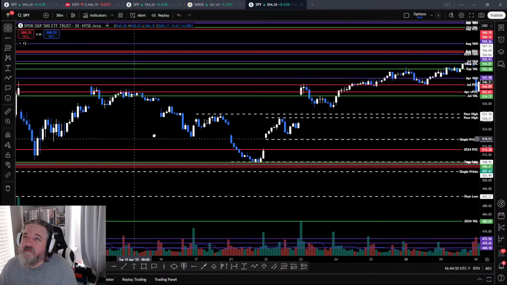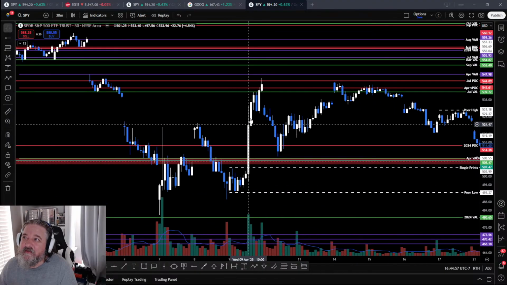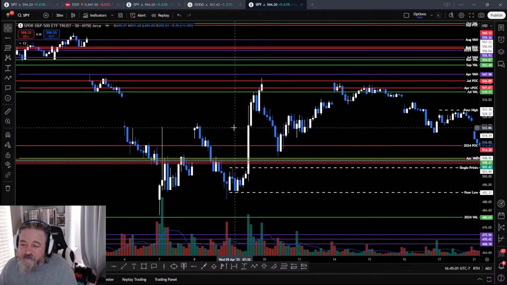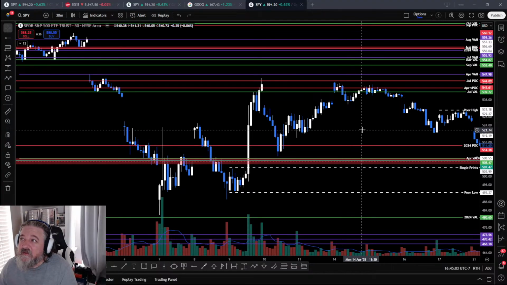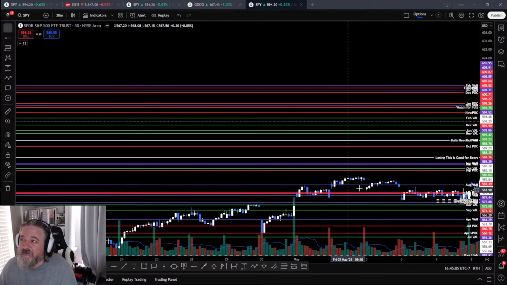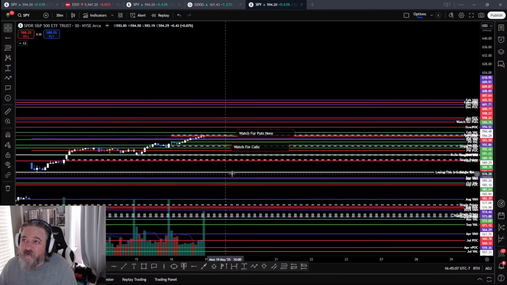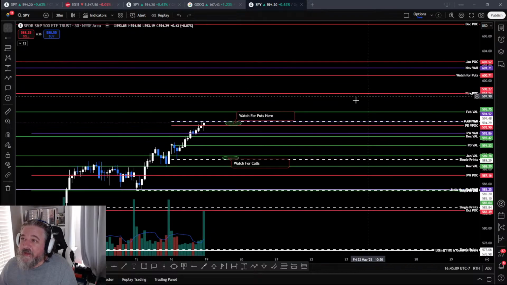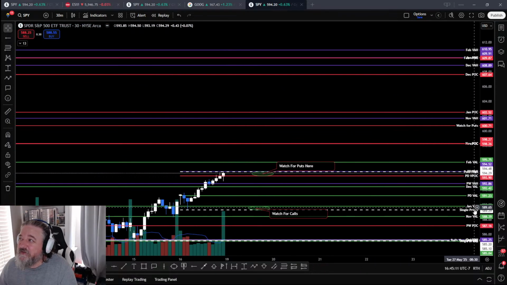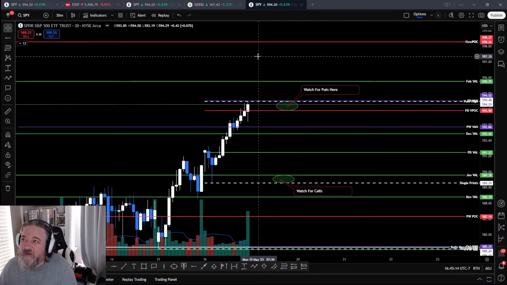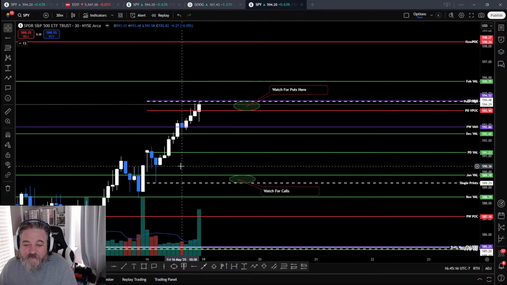Or even better, something like this, where it's just a massive move up. You wouldn't expect an 80% rule to play out in one day. If you're looking at weekly levels, you would not expect it to go from one side to the other side in one day. You would be looking at like 3 days to a week out for it to play out.